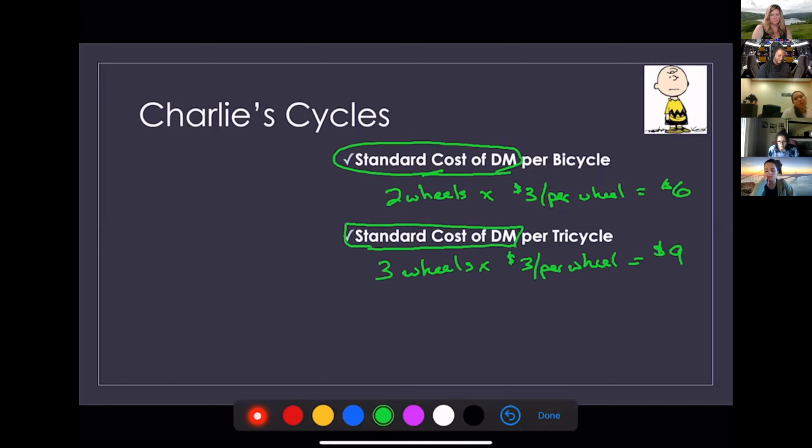Yep, that's pretty much it. Questions? So to get the standard cost, you take the standard quantity and you multiply it by the standard price. Pretty straightforward.